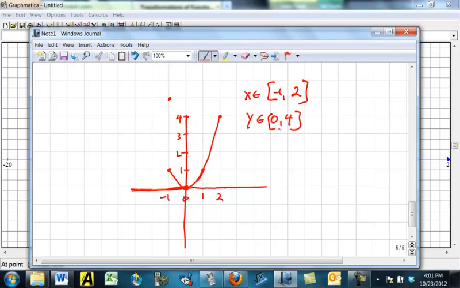Okay, and so that is going to be what we have here. Now if I do some transformations on this one, since it's bounded, a bounded domain and range, we have to be a little bit more careful. The formula is y equals x squared, but with this restriction. So if I were to say shift right 2, then I'm going to replace x by x minus 2 in the formula.